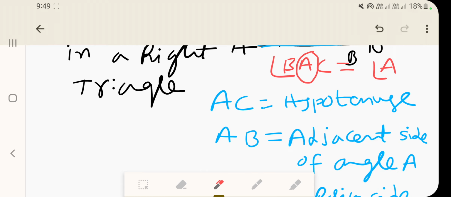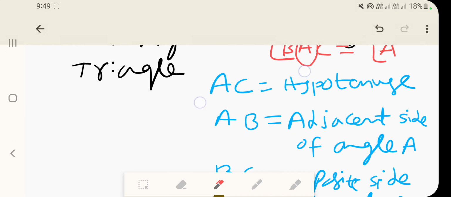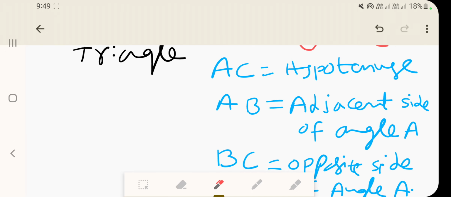Okay, so you have to remember this. For example, if you are writing angle BCA, it is nothing but angle C. Right, these are the three sides of a right triangle.